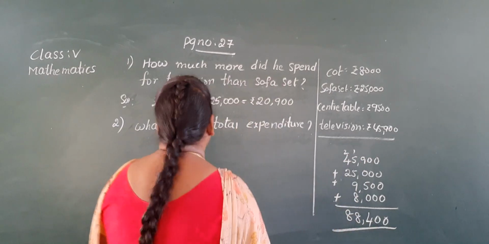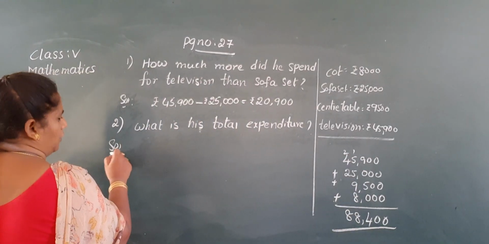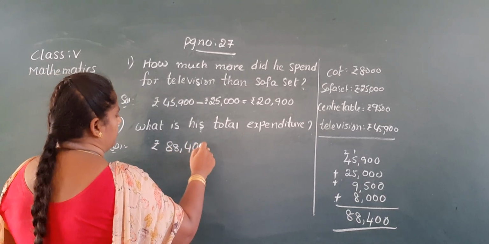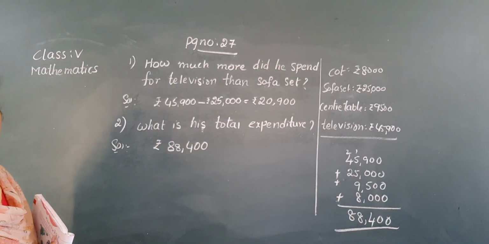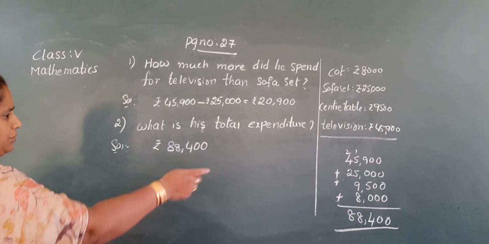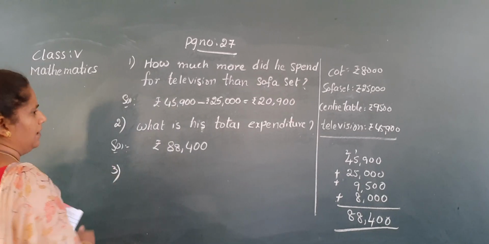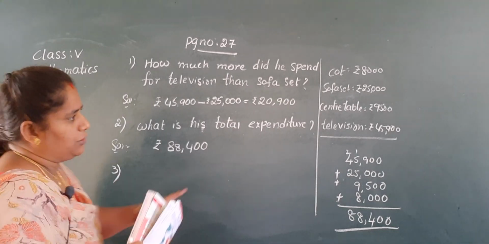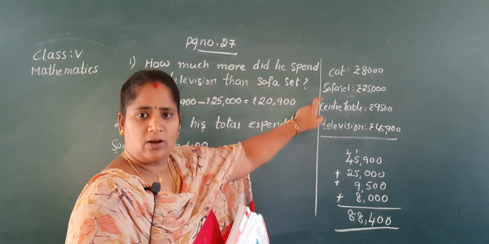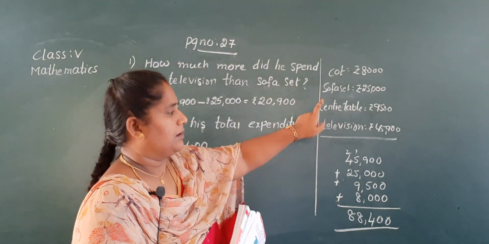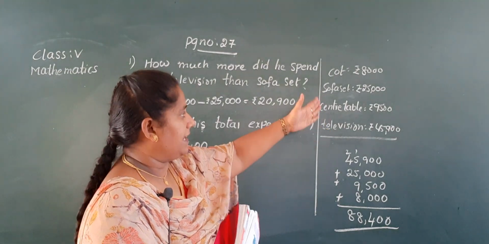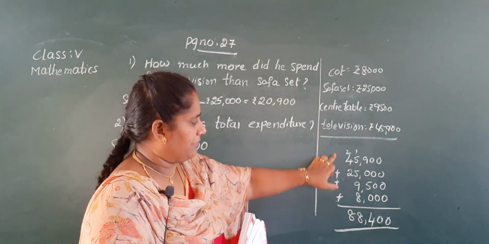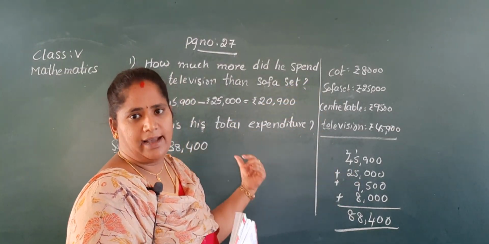So the total cost is 88,400 rupees. This is the total expenditure. You do that addition on the side. Don't write this on the side; this is already given in your textbook. You just have to do the addition on the side and write the answer.